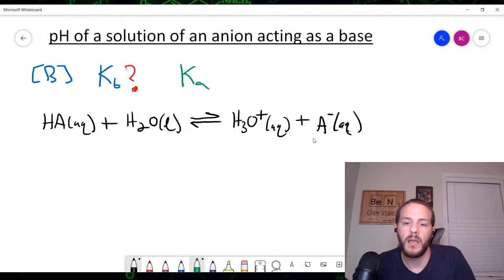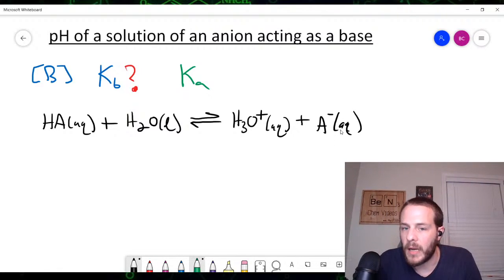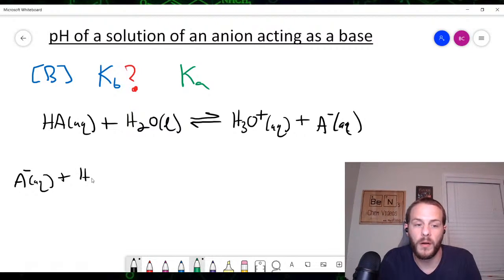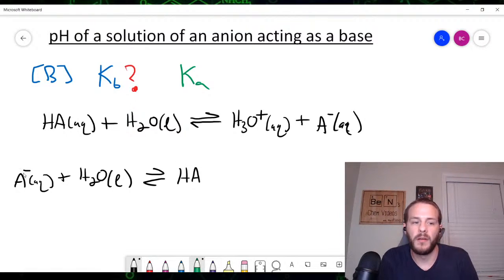Now, let's say we're talking about A minus, and let's assume that this anion acts as a base. So what would that equation look like? Well, it would look like this: we have A minus, aqueous, reacting with water to produce HA, the conjugate acid of that anion, aqueous, plus the hydroxide ion, OH minus.